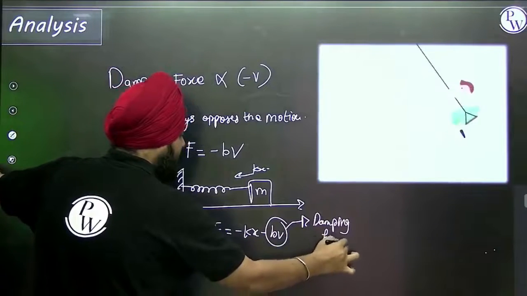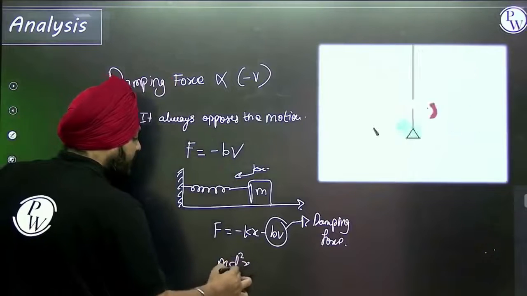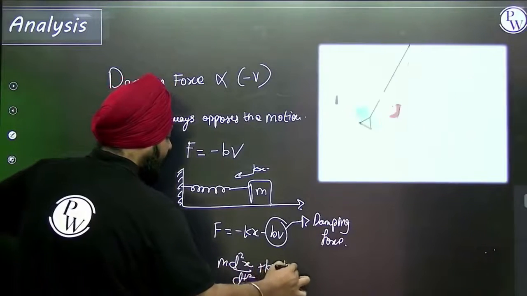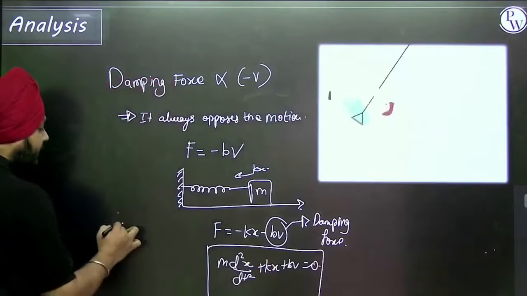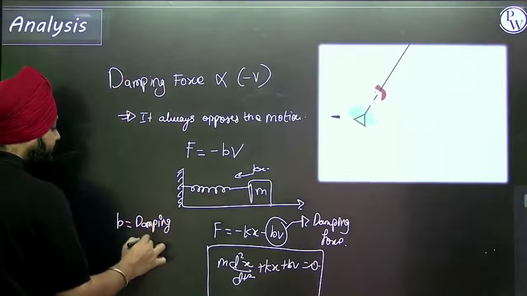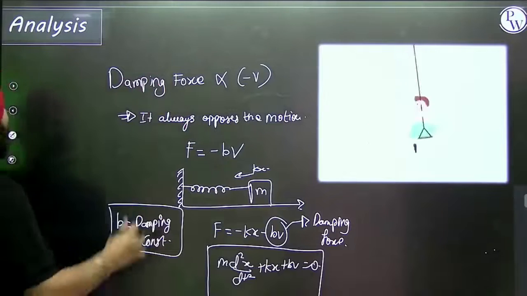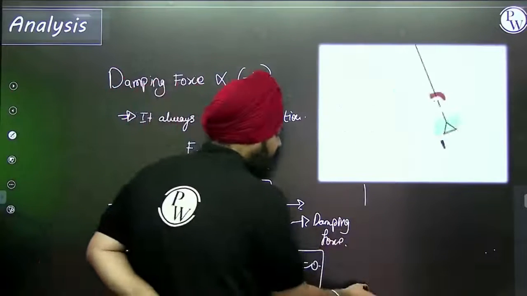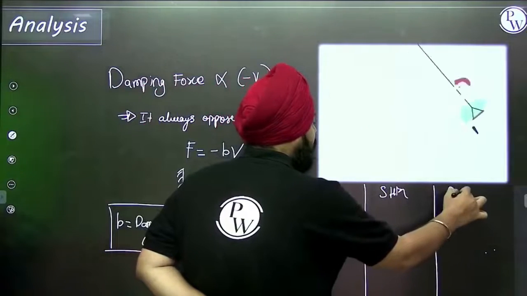So here the differential equation is m d square x by dt square plus bv plus kx, that is equal to 0, and among them b is known as the damping constant. Now let's compare the equation of the SHM and the damped oscillations.